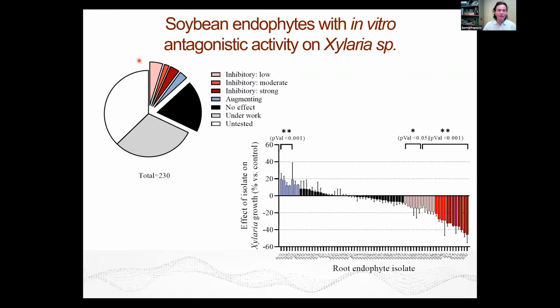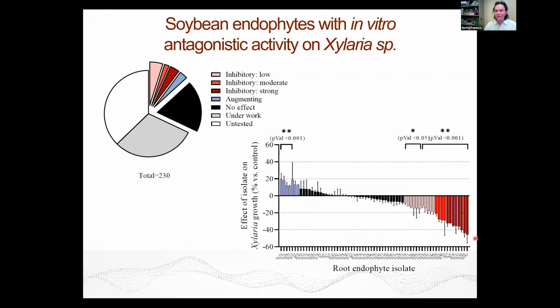So what we see in what we've tested so far, the majority of them had no effect on Zalaria growth, but we had a number of these strains that have a significant effect on Zalaria growth. And what you're seeing here is basically those co-cultivation assays where we grow Zalaria on the same plate with these isolates.